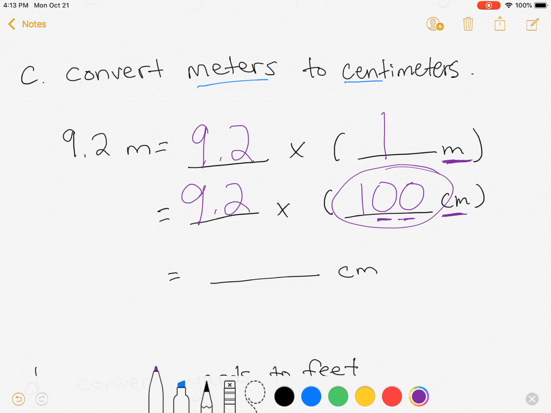If not, we could just add the zeros, but we have a decimal. So we're going to move it 1, 2 places. So we have 1 blank space, so we're going to add a 0. So 9 2/10 meters equals 920 centimeters.